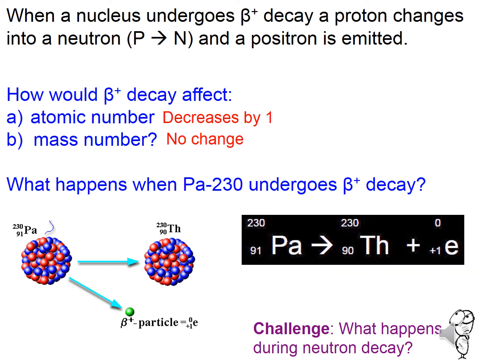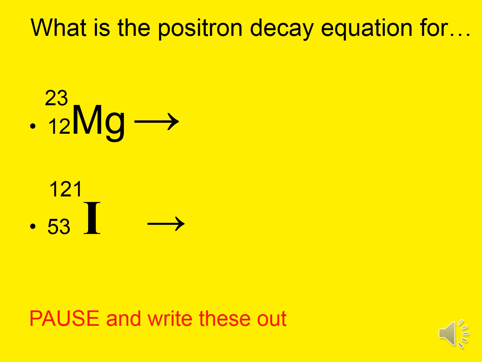Okay, so on your own, pausing the video and writing them out, what is the positron decay equation for those radioisotopes, a radioactive version of magnesium and a radioactive version of iodine? Okay, so pause the video and write down what you think those would look like if they went through positron beta plus emission.